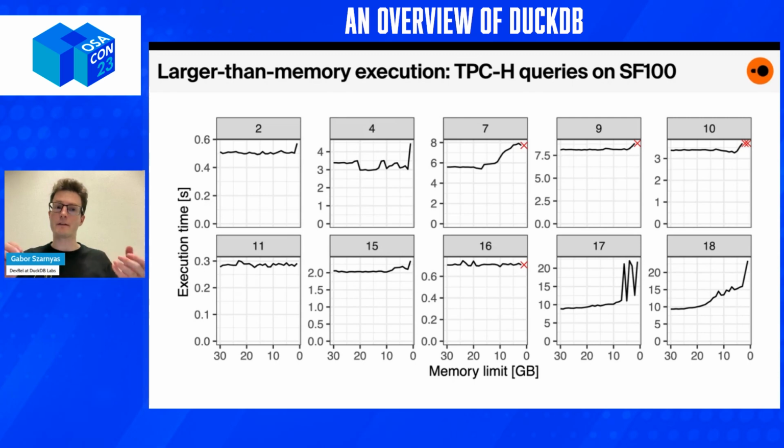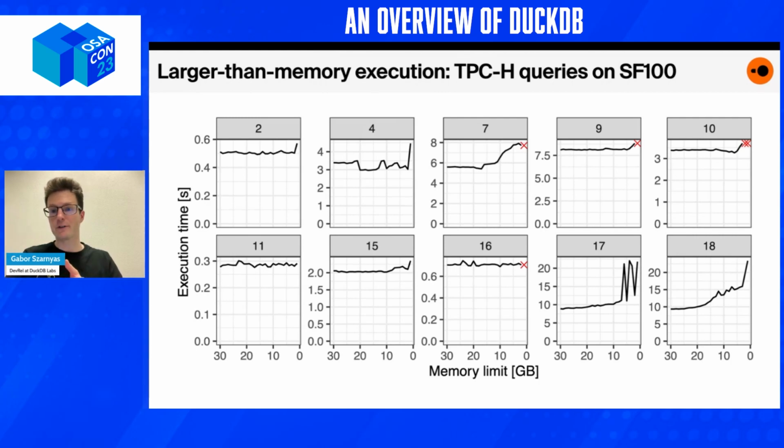And we can see that it doesn't really matter whether you have 20, 25, or 30 gigabytes of memory. Most queries do not even need that. But when you go lower, when you go below 10 gigabytes, the queries start to get a bit slower. But DuckDB does this in a very graceful way.